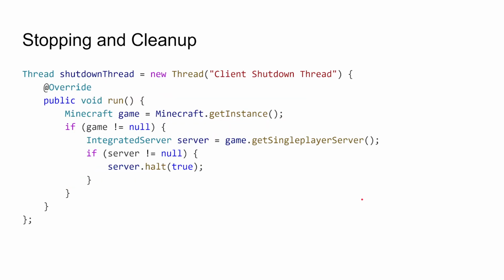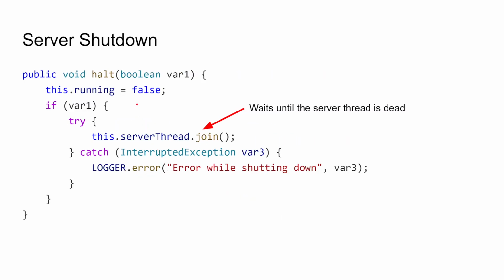All right. The final thing we're going to look at is stopping and cleanup. Look at this right here. We have this shutdown thread that will initiate the basically shutdown process, and then it will look at this halt method right here. So in this halt method, it will do a .join.